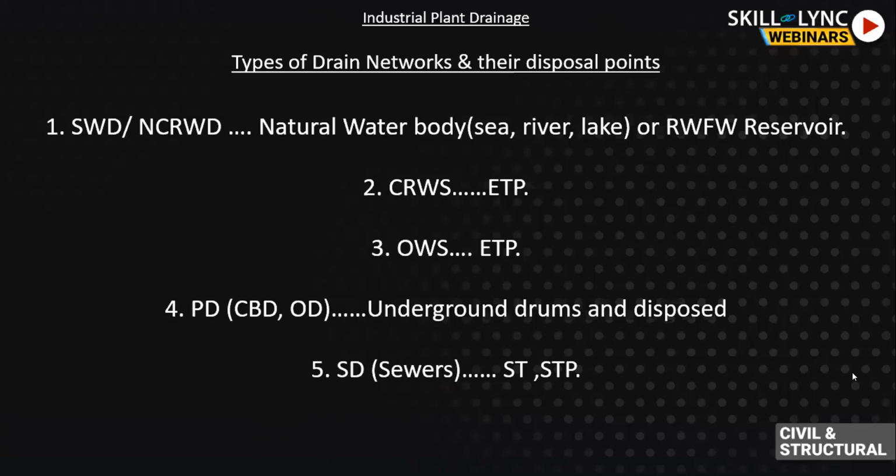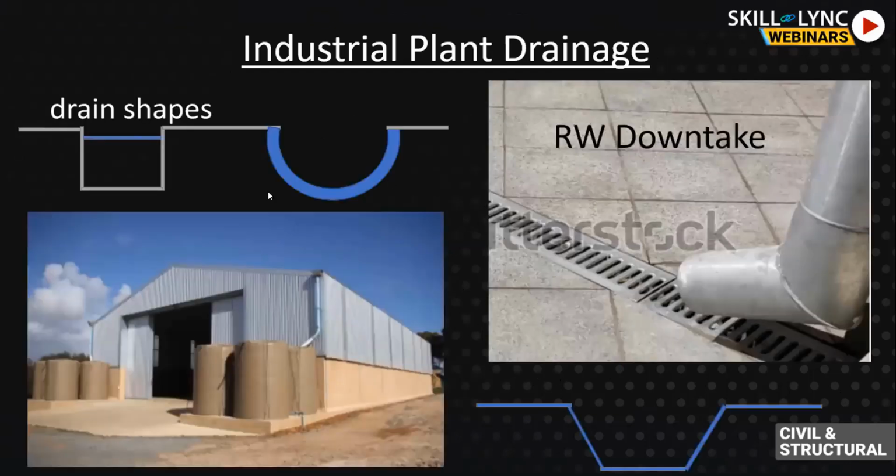Now showing you a few more pictures. This is about industrial plant drainage. These are the different cross sections of the drain. A drain could be rectangular like this. The horizontal line at the sides is supposed ground level, and this is excavated and the drain is formed.